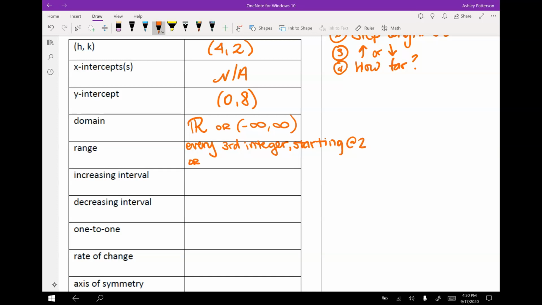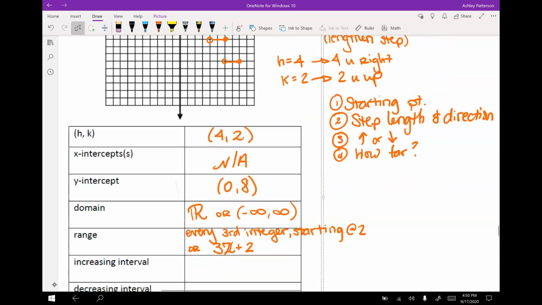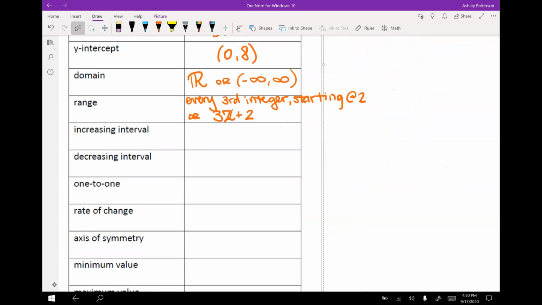Or, for notation purposes, you can say every third integer, because that represents integers in multiples of 3, starting at 2, or starting at -1. We know because of the reflection, this is not increasing. Oh gosh, sorry about that, guys. So we're going to say NA. It's decreasing from negative infinity to positive infinity.